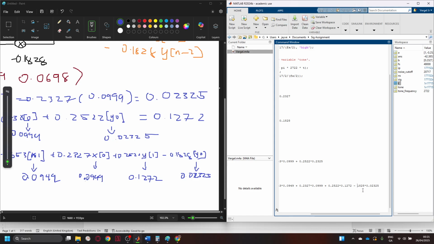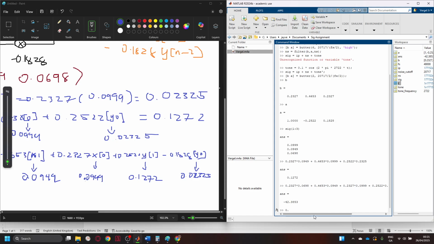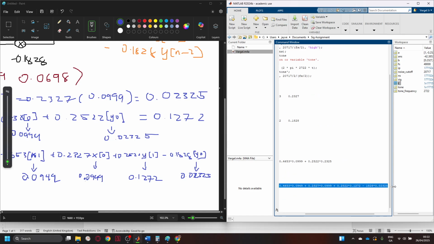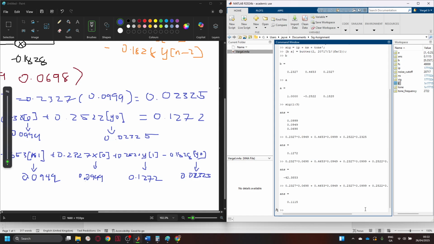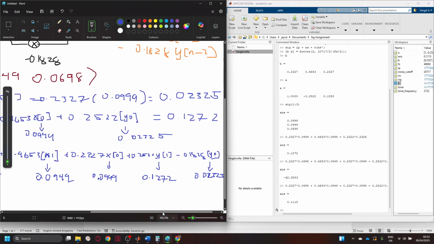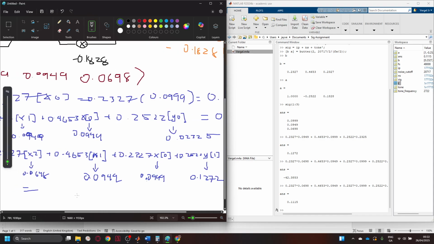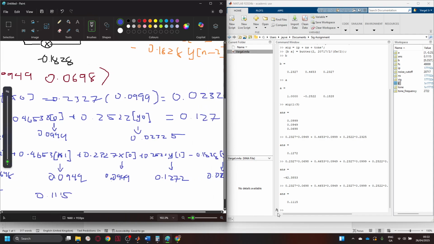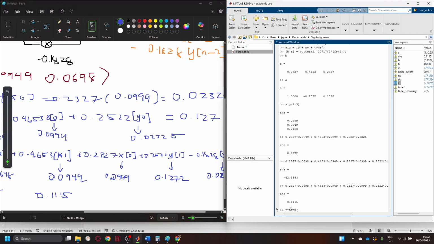So 0.1115. To check that, I'm just going to use the filter.